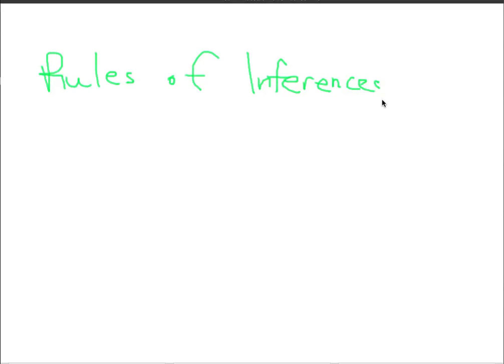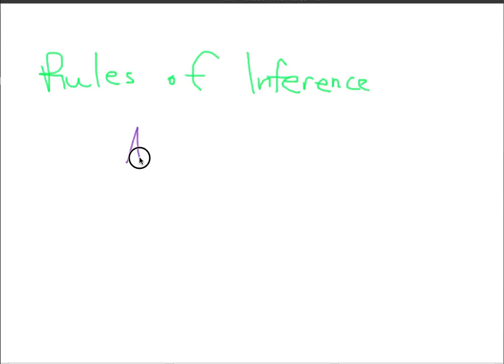Before I finish off here, let me just make a point of giving a name to the rules that we just gave. These were rules of inference. There are going to be a few other rules we introduce later on, but the three I just gave you were rules of inference. And just as a test, you should become comfortable with the short form notation that we've picked for them.